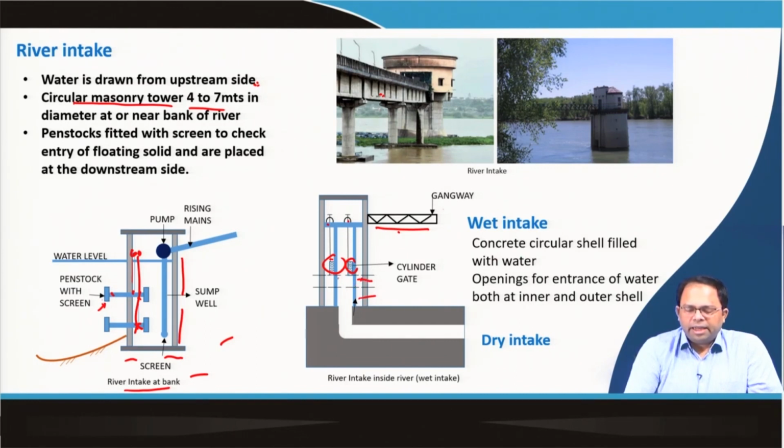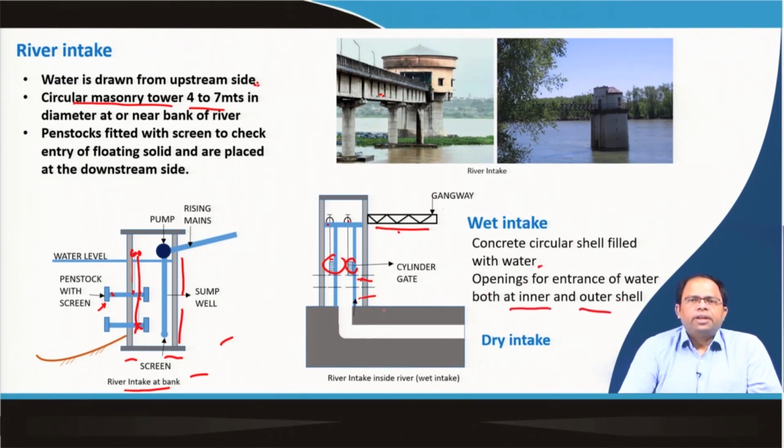Once the clean water is there, using the slice valves we can allow water to enter into the inner cylinder, and from there the water is transported. So, it is a concrete circular shell filled with water, with openings for entrance of water at both the inner and outer shell.